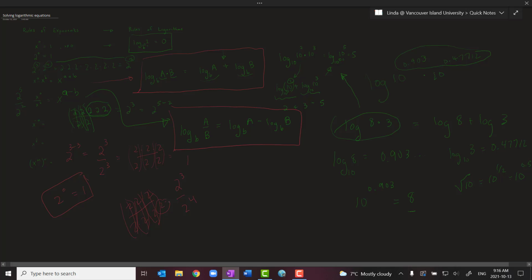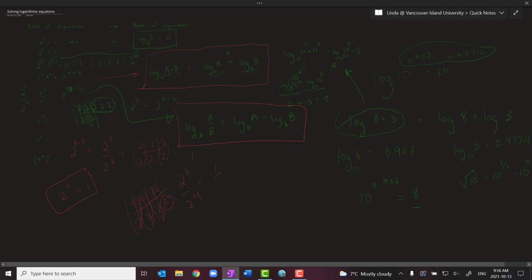And then we have this 2 left on the bottom. So basically we have 1/2. See, there were more 2's on the bottom than there are on the top. And if we use the rule, 2 to the 3 minus 4, you get 2 to the minus 1. So 2 to the minus something just means that 2's were left on the bottom.